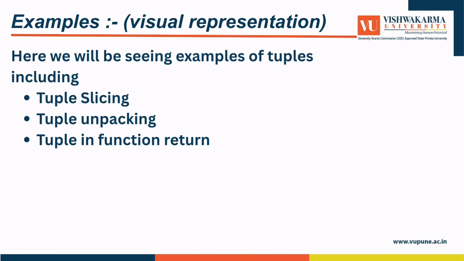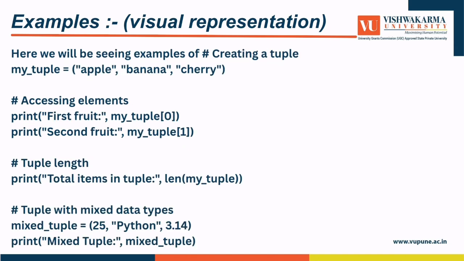So here's the simple example of creating a normal tuple. My tuple: apple, banana, cherry, all the things are given over here. It is mentioned to print first my fruit, print second my fruit, everything.